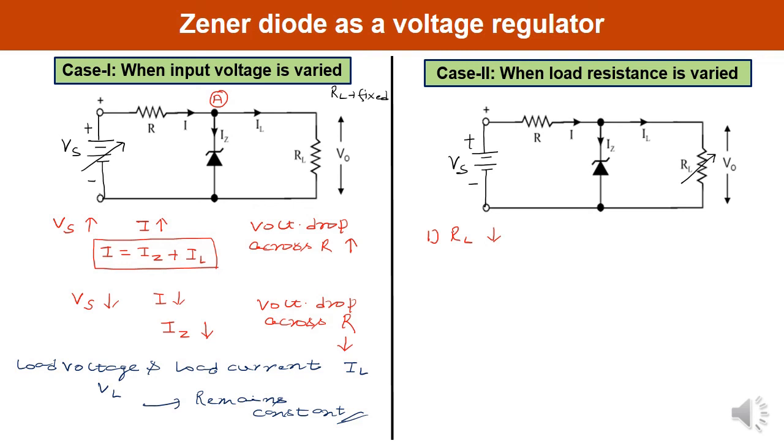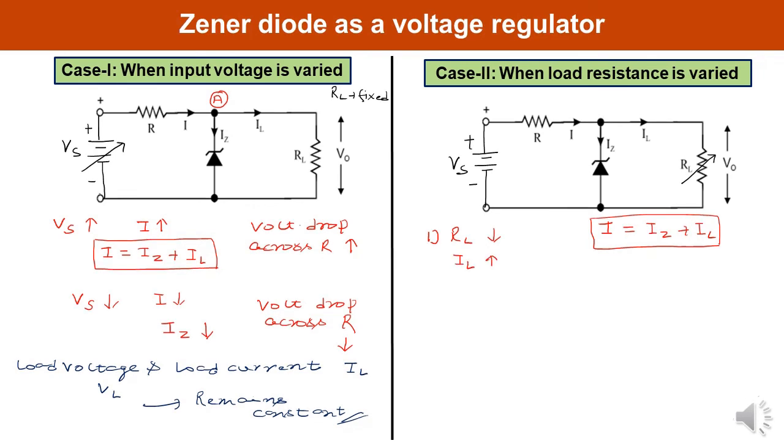As you know, I is the sum of Iz plus IL. So when RL decreases, IL, the load current, will increase. At the same time, Zener current Iz decreases.